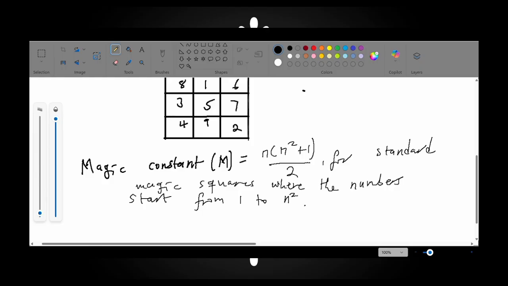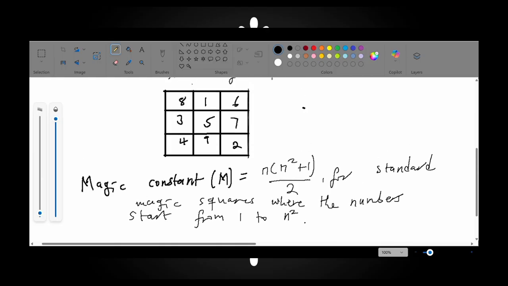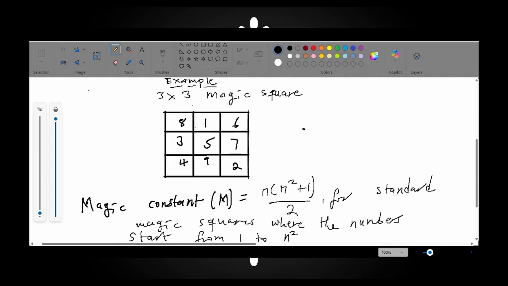So it means for the standard magic squares, the numbers that we're going to fill in these square arrays, that is these spaces, right?